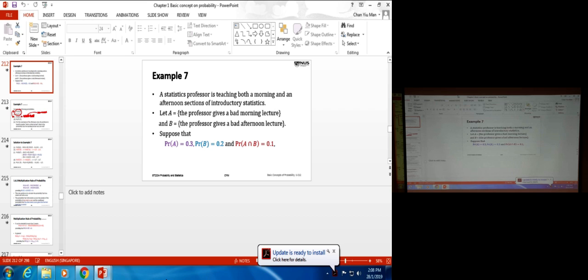Okay, so probability. In the last lecture, we discussed conditional probability. So this Example 7 is a very simple example.